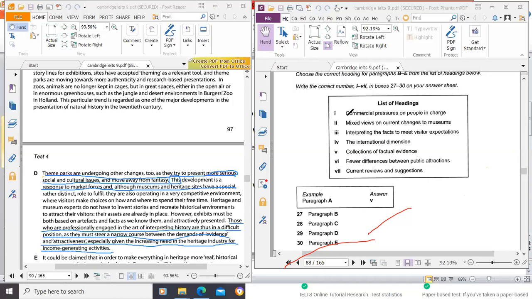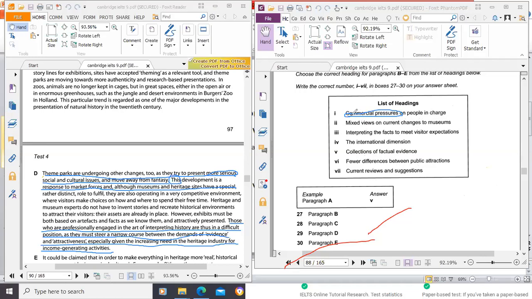So let's look at commercial pressures on people in charge. Don't forget that while we were looking at this, we talked about financial constraint, anything that has to do with competition on people in charge. Mixed views on current changes, no. Interpreting the facts, no. The internal, no. This one, no.